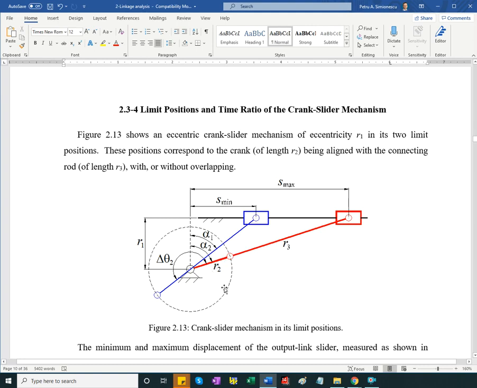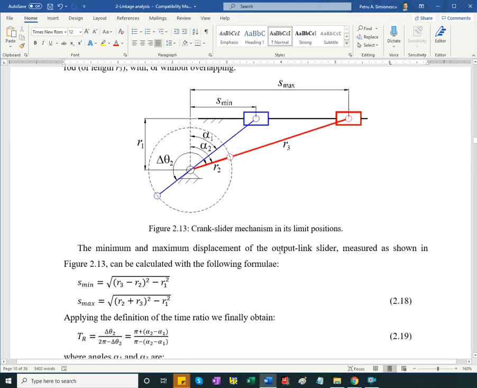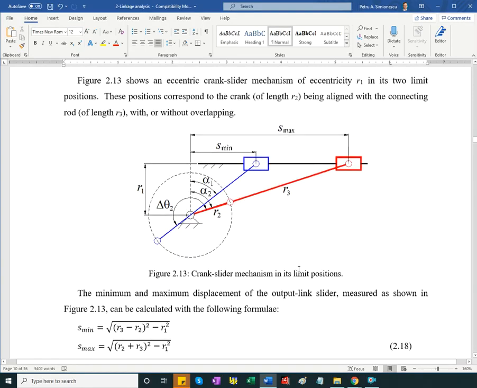S max is simply R2 plus R3 squared, minus R1, the eccentricity, squared, all square rooted: right angle geometry. For S min, I just take R3 minus R2 and square it, subtract R1 squared, and take the square root, which gets me S min. So I have S min and S max.